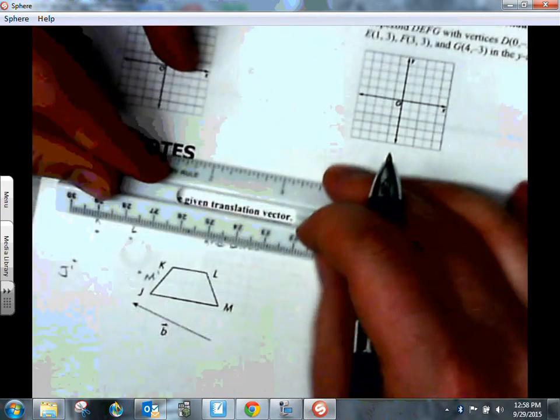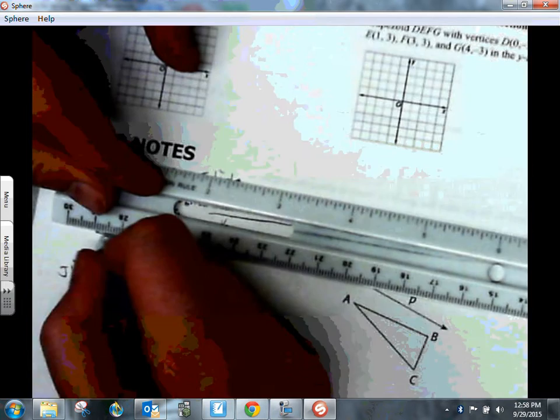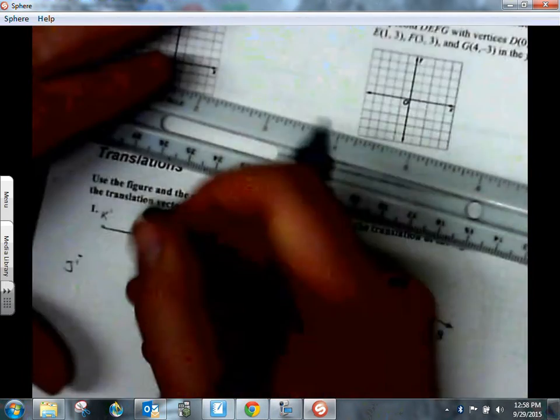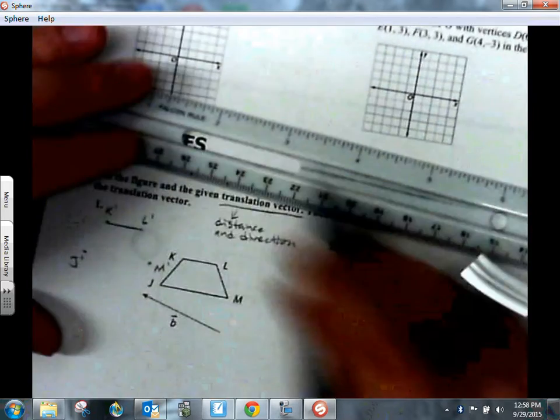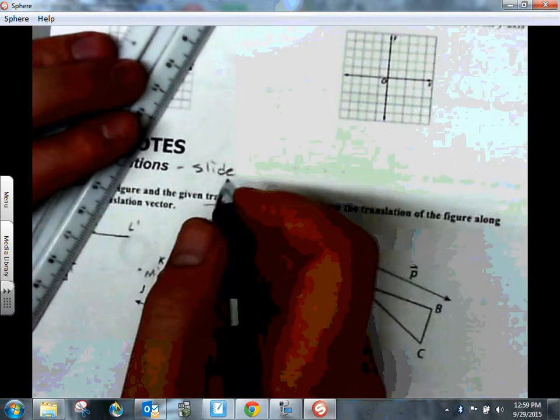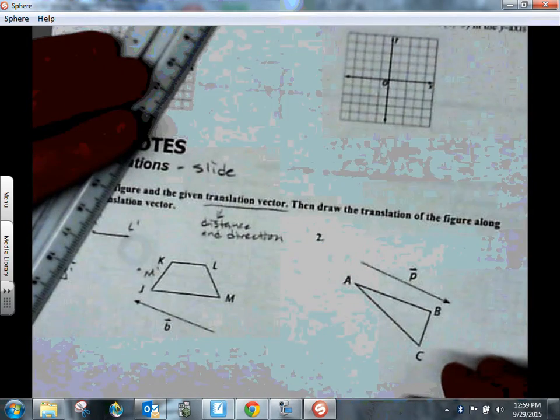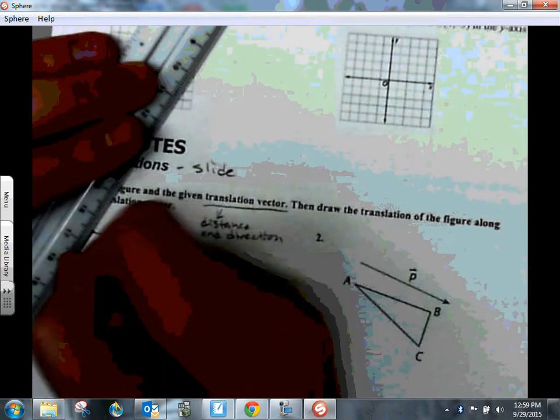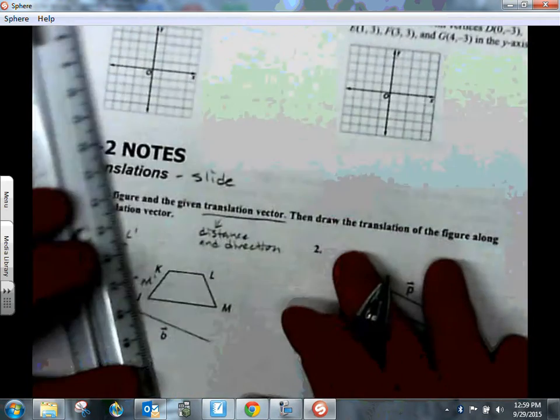Okay, and what I want to do is connect these points with lines. Connect K prime to J prime, and connect L prime to M prime.